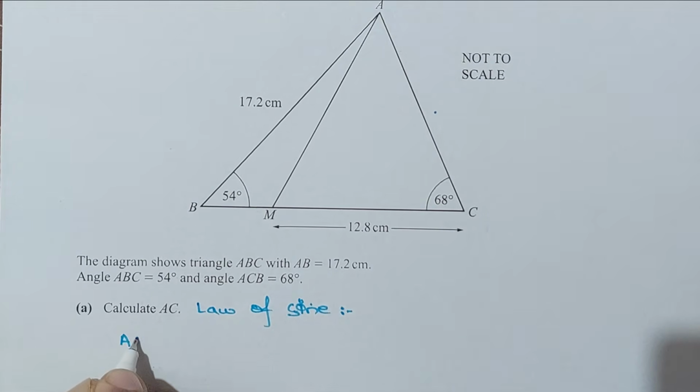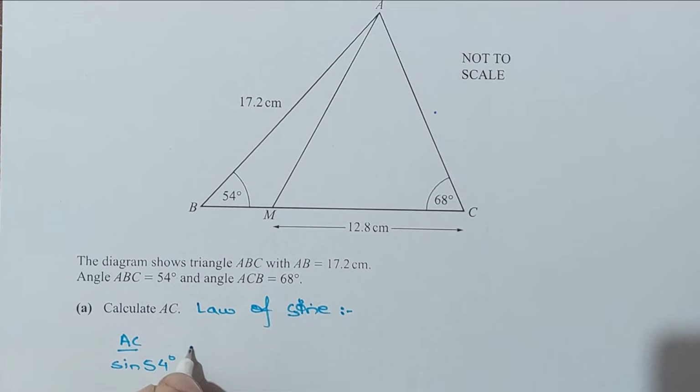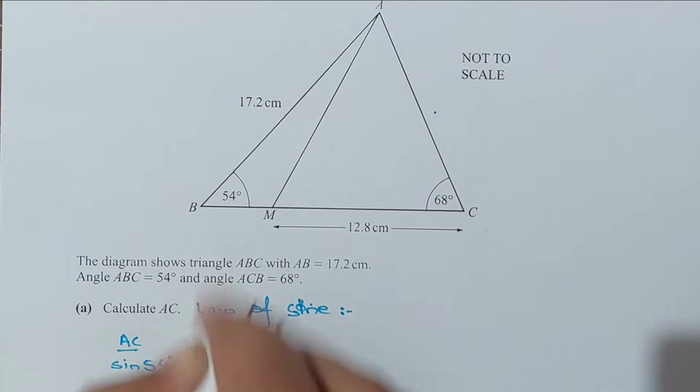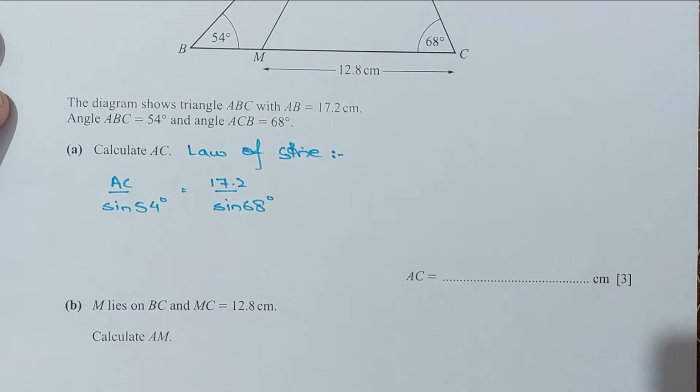So AC over sine of 54 degrees, its front angle, equals this side 17.2 and its front angle is 68, over sine of 68 degrees. Pretty simple.